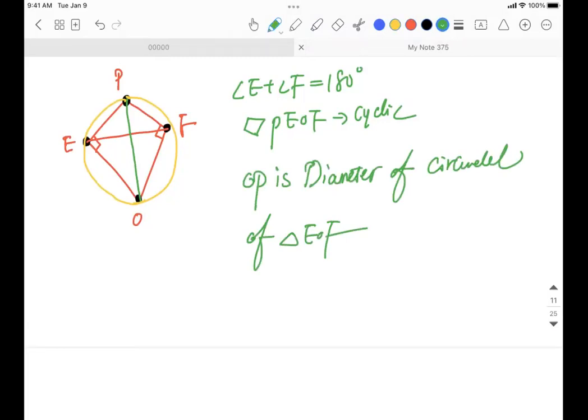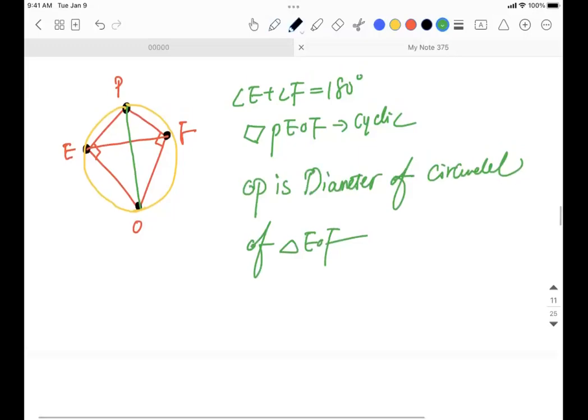EOF is going to be a triangle. My circle, the yellow circle, is going to be the circumcircle of this triangle. So my OP will be the diameter of the circumcircle of triangle EOF. If that's the case, trust me, this problem will be solved in 2 seconds.